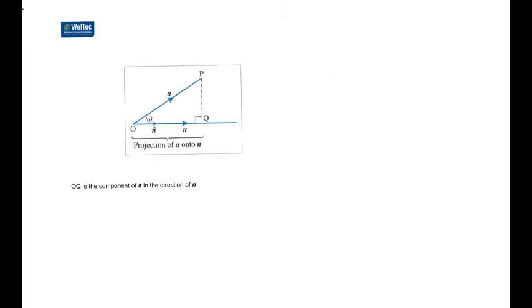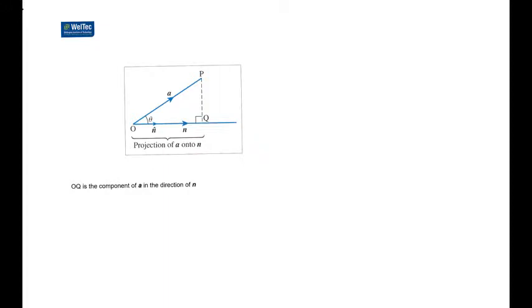If you remember from trigonometry, we would call OQ the projection of OP, which is the vector A, onto n, or more simply we'd be talking about the horizontal projection.